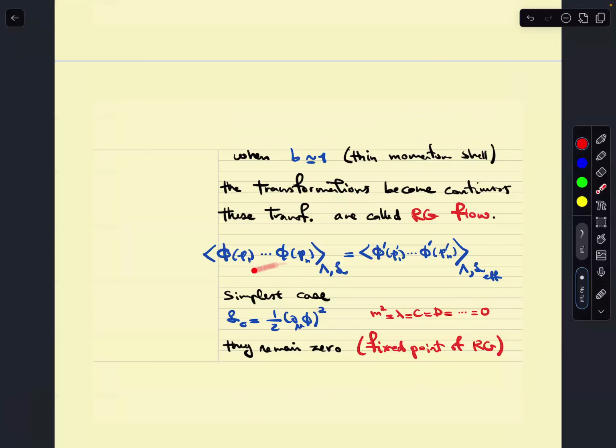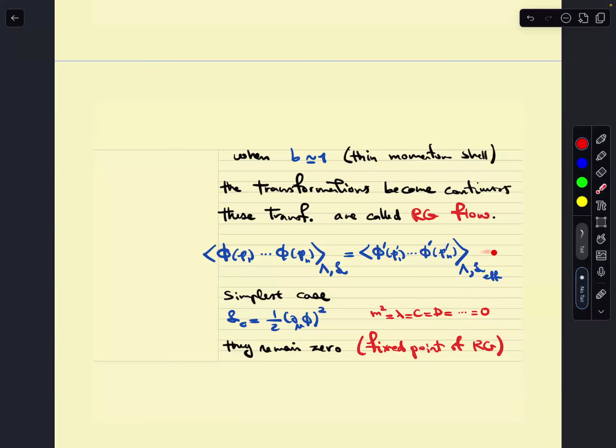You have a bunch of fields, phi 1 to phi n, at momenta p1 to pn. This is the n-point function of the original theory with a cutoff lambda. You write that this has to be equal to the correlation functions of the phi prime at L effective.